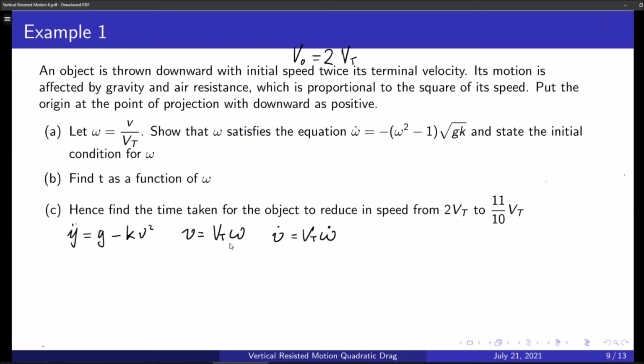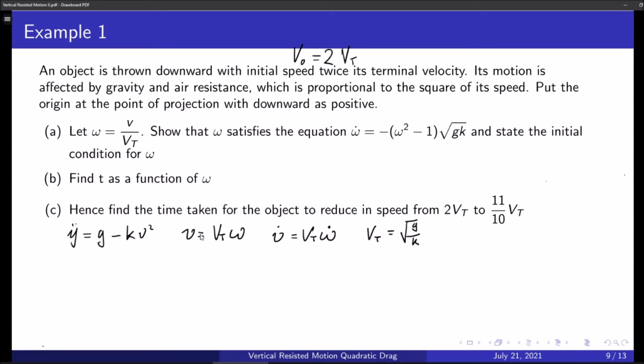And what is this constant term exactly? As we saw before, vt is the square root of g over k. Now, can you see what we can do? We can substitute into the original equation of motion, so we have it in terms of omega and omega dot instead of v and v dot.